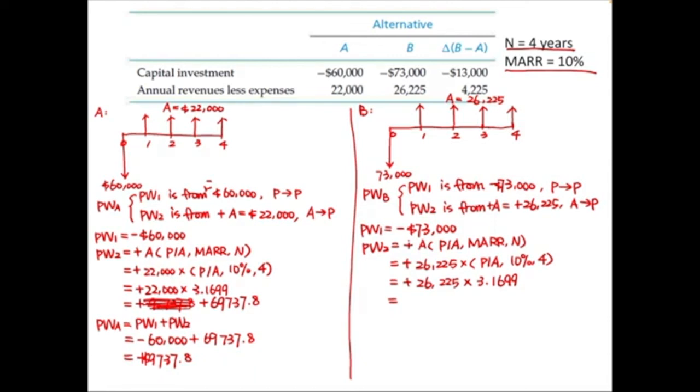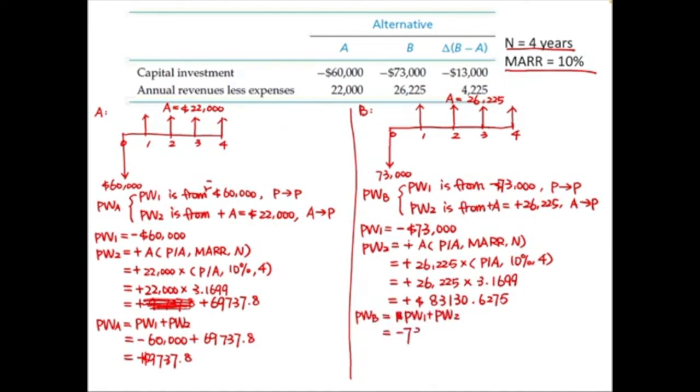This is 26,225 times 3.1699, which is positive $83,130.6275. Okay, and then your PW for option B is the sum of PW1 and PW2.